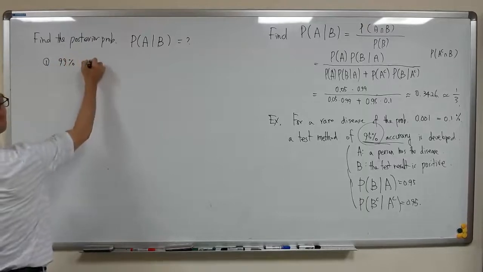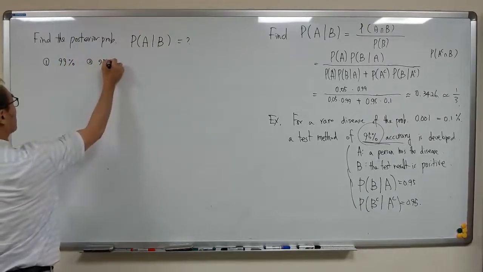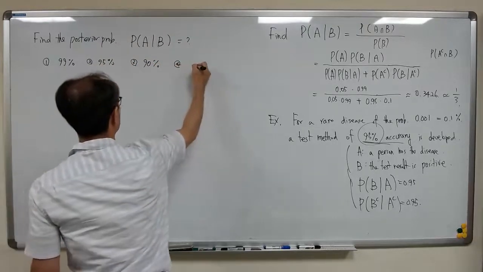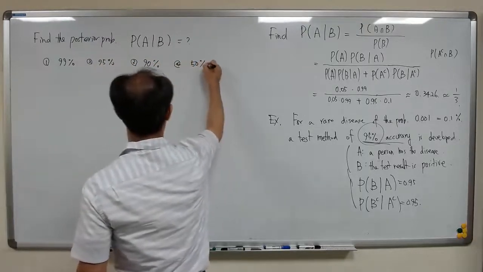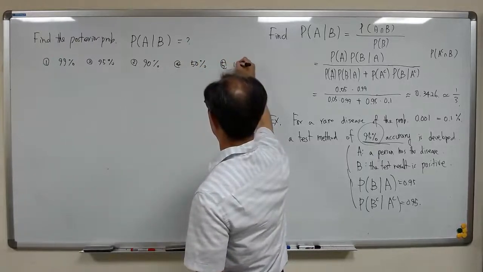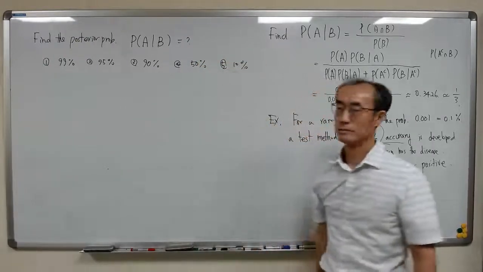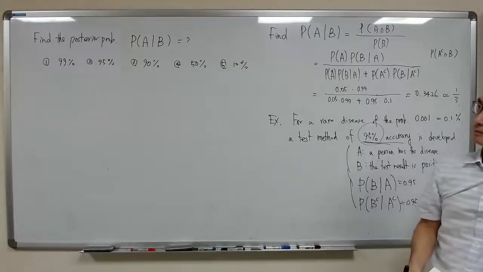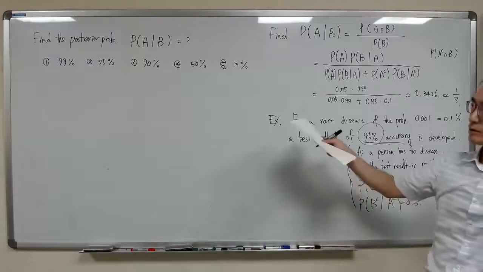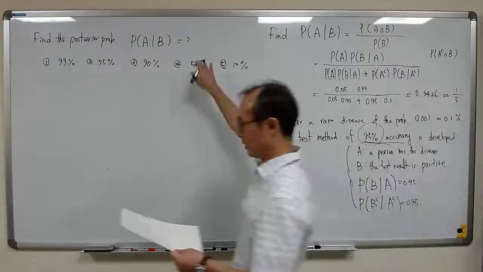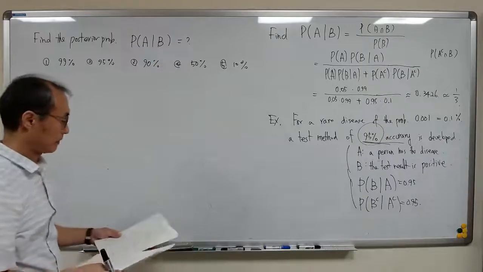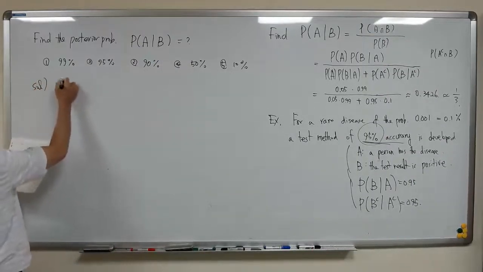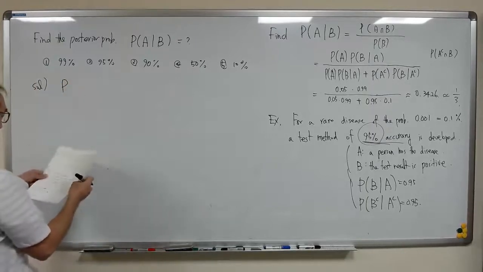We could start with 99%, 95%, 90%, 50%, or 10%. What's the closest value of this posterior probability? Actually, the result is quite surprising.